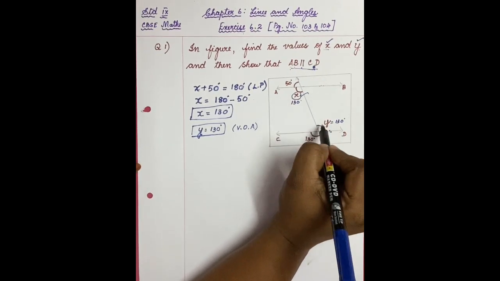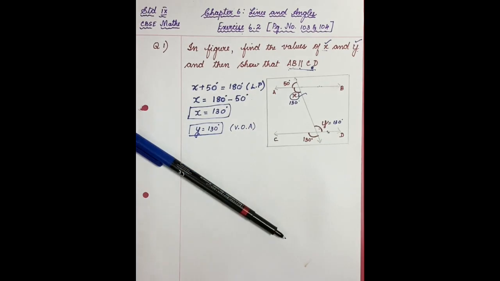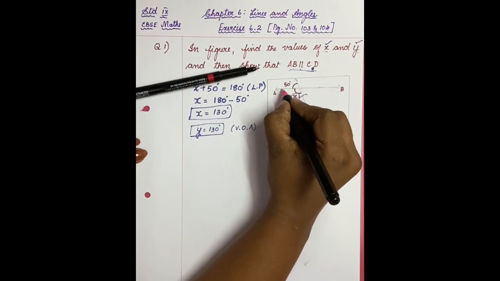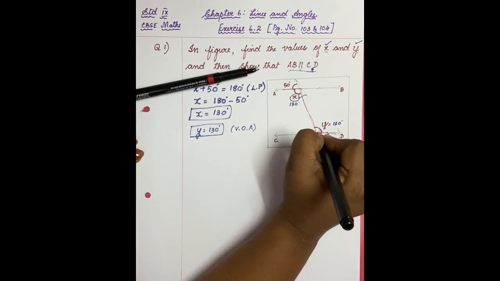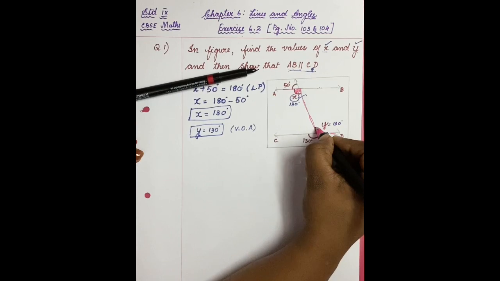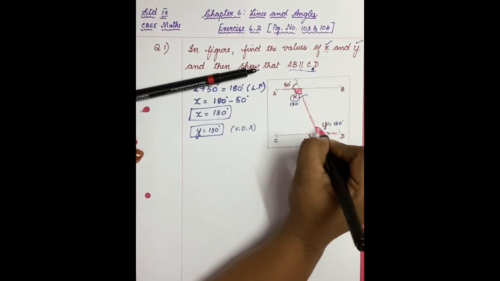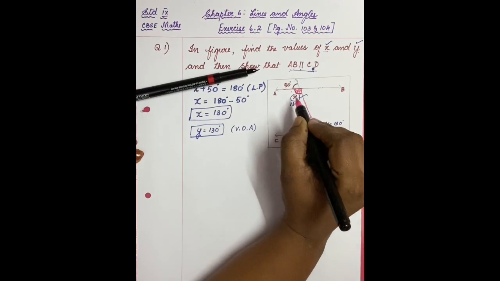Now, what are these two angles actually? See, in this figure I am drawing, this is the Z alphabet, and these two angles are lying in between the Z alphabet. So, these two angles are alternate angles.